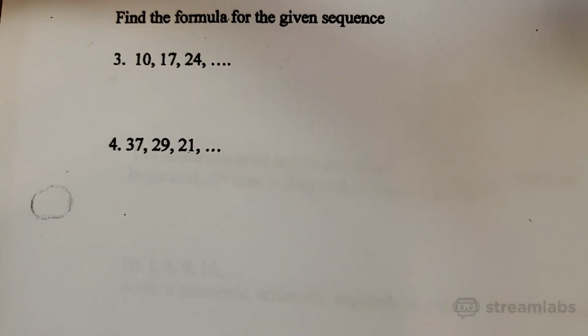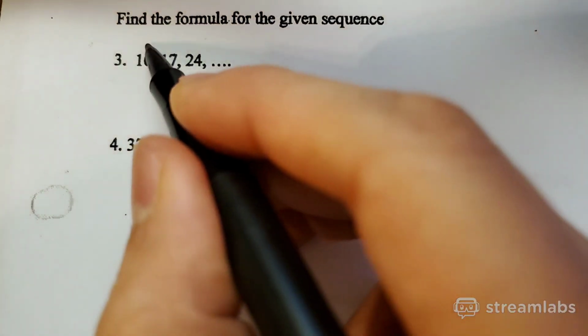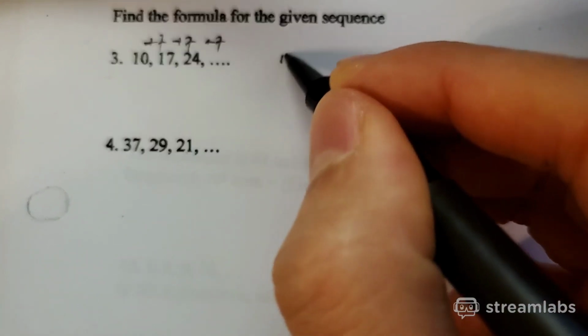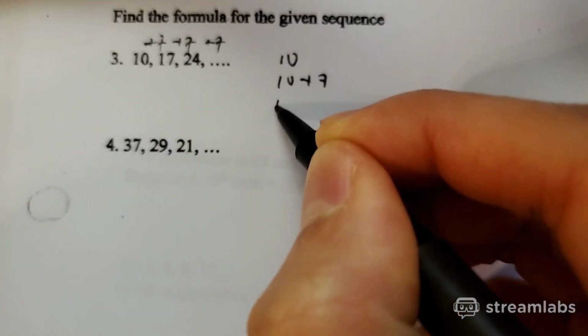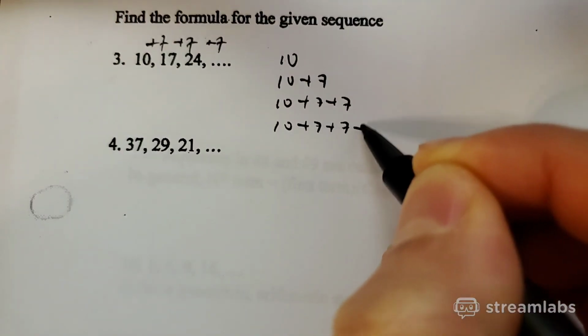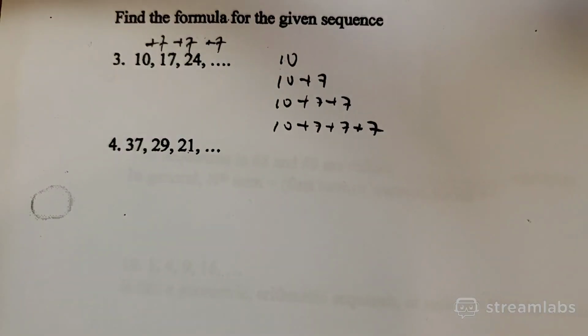How is it changing? Plus 7. So plus 7 each. So when you add 7 each, the first term will be 10, next one will be 10 plus 7, the next one will be 10 plus 7 plus 7, next one will be 10 plus 7 plus 7 plus 7, right? You see this pattern?